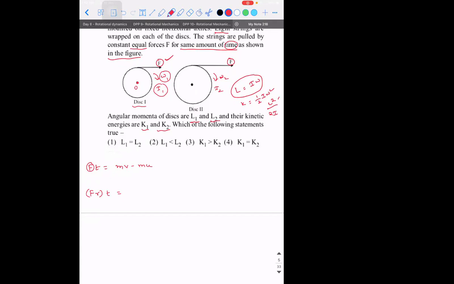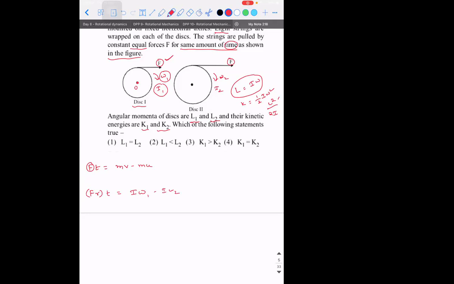That's it. So what is going to be the relation between angular impulse and angular momentum? I omega 2 minus I omega 1, final minus initial.